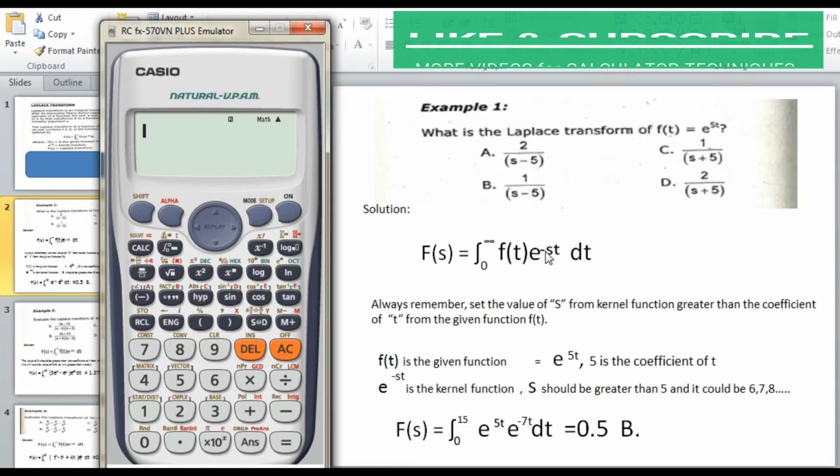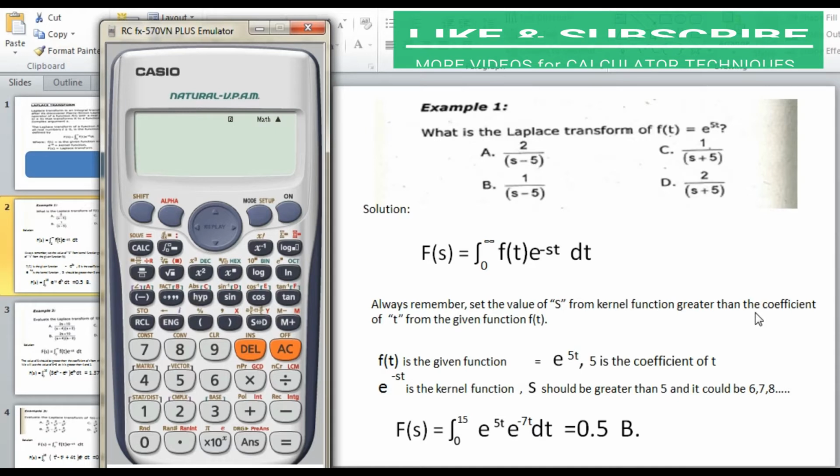So now guys, our given is f of t. Then for our kernel function, we don't have the value of s. In order to find the value of s, always remember, set the value of s from the kernel function greater than the coefficient of t from the given function. So what does it mean guys? We have to take the value of s which is greater than the coefficient of t from the given function.